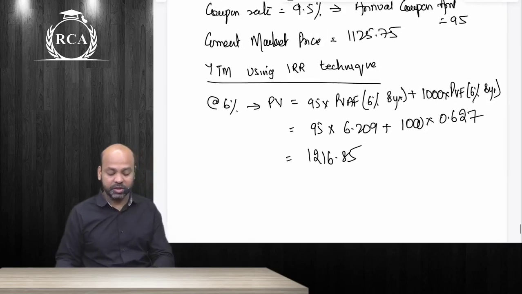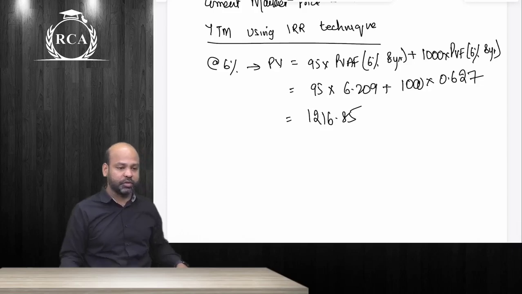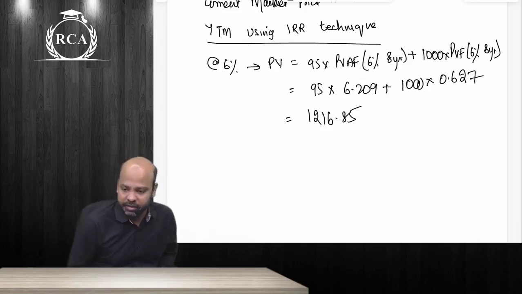1216.85. At 6%, the present value of the cash flows is 1216.85. Please check.